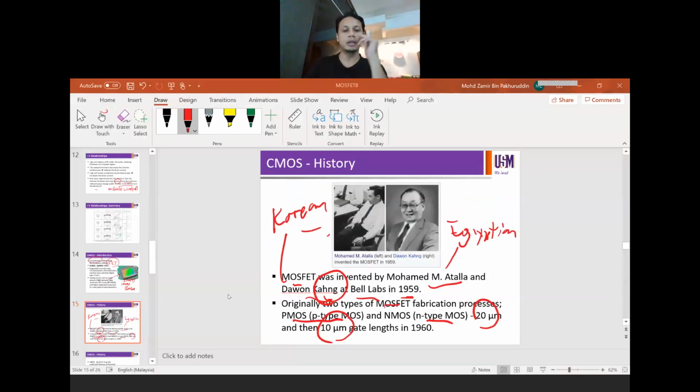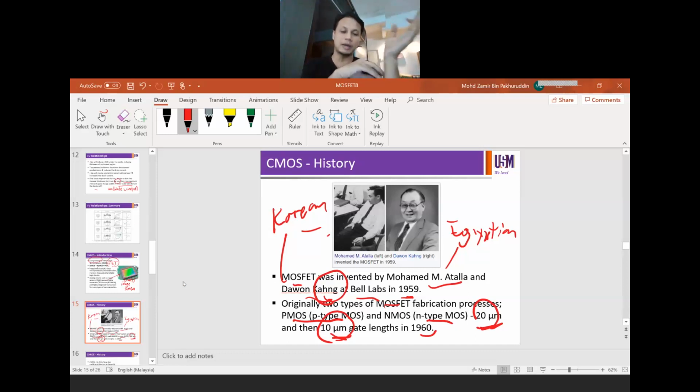So back then in the 1960s, fabrication was done on 20 micron and 10 micron gate length. So that means the gate width that I drew just now was 20 micron and 10 micron back then, right? So now the best one that we have in the world is around 5 nano.